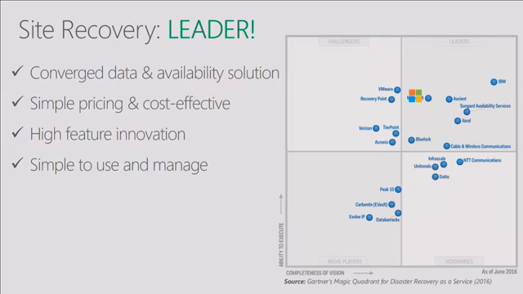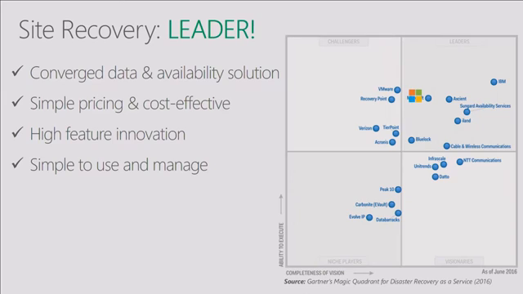Interestingly, recently Gartner did the analysis for their DRaaS quadrant. This is the 2016 DRaaS quadrant. And as you can see, Microsoft is being placed in the leader quadrant. This is the Site Recovery solution of Microsoft, which has come into the leader quadrant. And if you look at what the analysts say and refer back to the 4 principles which I talked about in my previous slide, you would find straight relevance between those 4 principles and what analysts have highlighted in our service advantages.